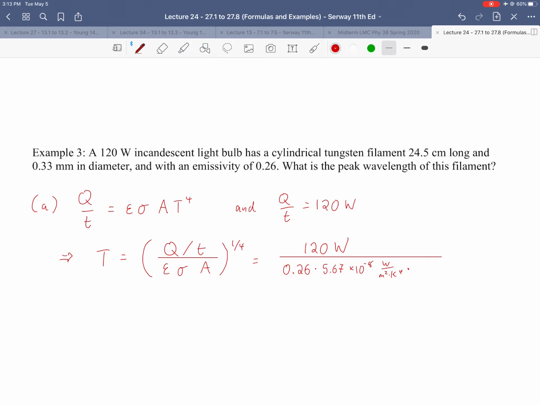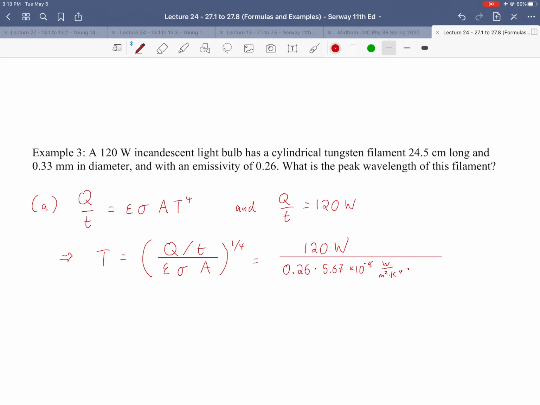And then we want our total surface area, which is going to be the surface area of a cylinder without the caps. So it's going to be pi times diameter times length. Instead of 2 pi r, I'm just going to use diameter because we're given a diameter.